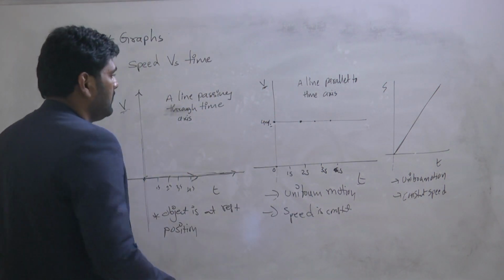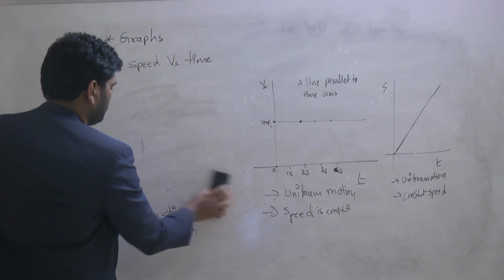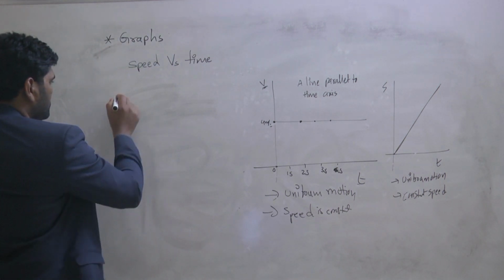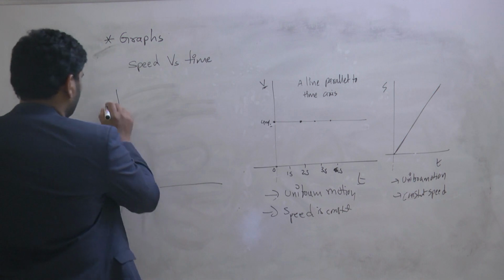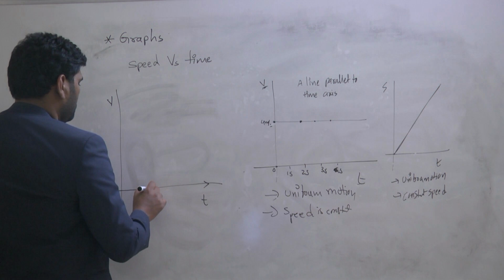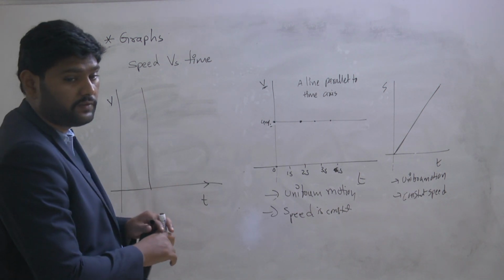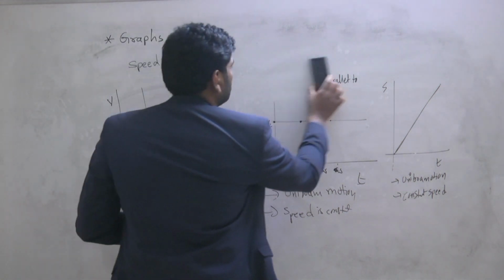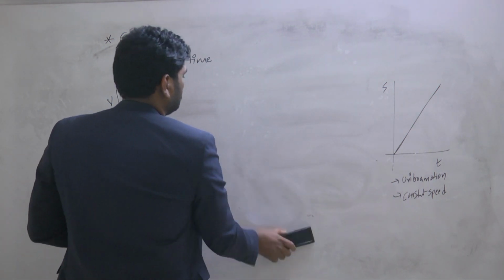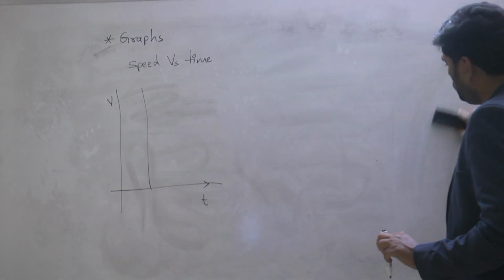Let me take one more graph. Again, speed versus time graph. This is speed, this is time. Tell me, this is a graph. Suddenly the speed increased. At an instant of time, the speed increases up to what value?